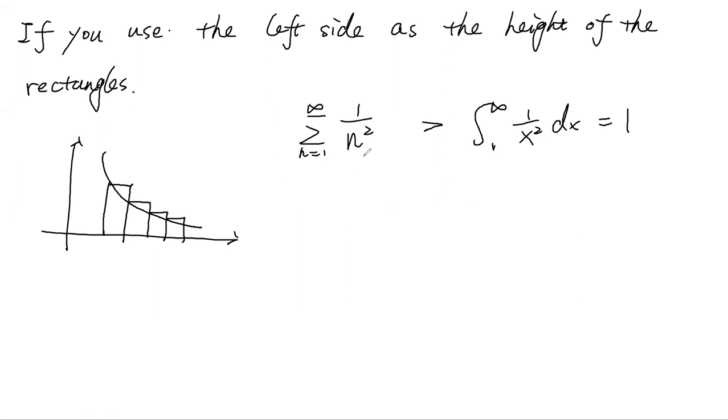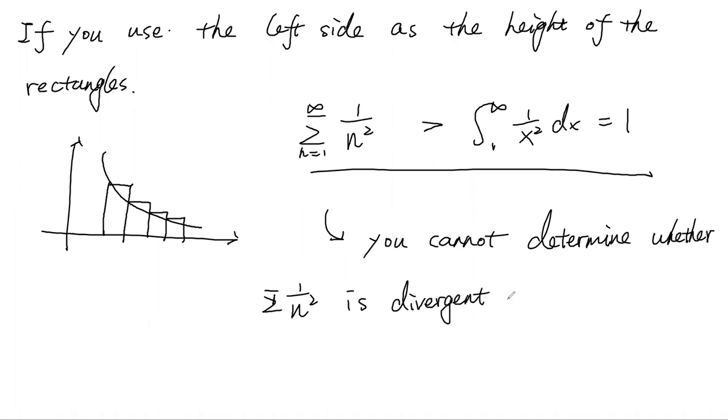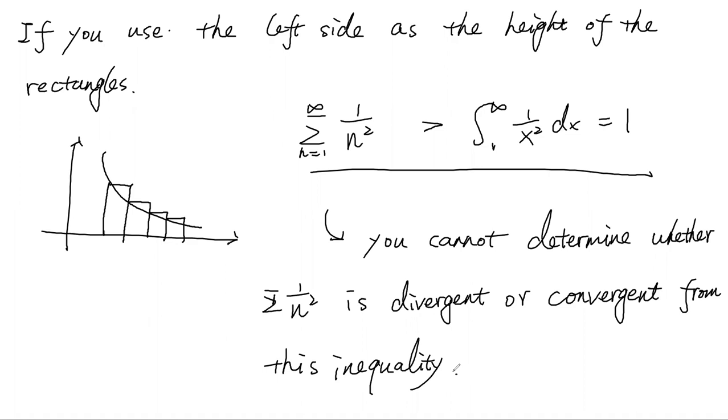So you can't really draw any conclusion from this inequality about whether 1 over n squared diverges or converges. That's why we choose the other side of the rectangles.